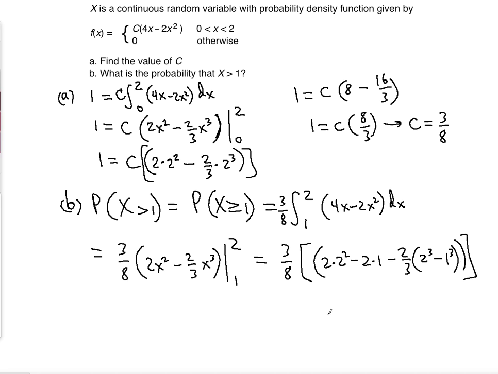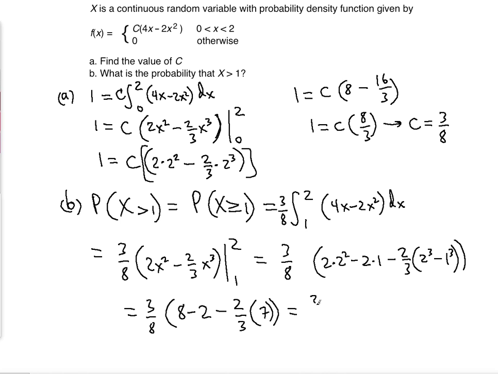So what are we going to have? I will have 3/8 times 8 minus 2, minus 2/3 times 8 minus 1, which is 7.